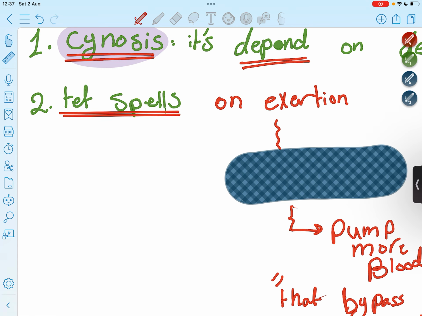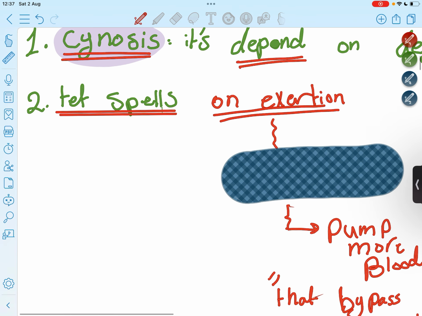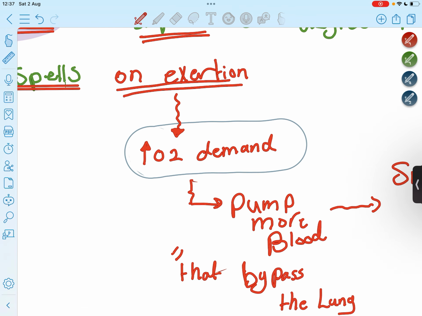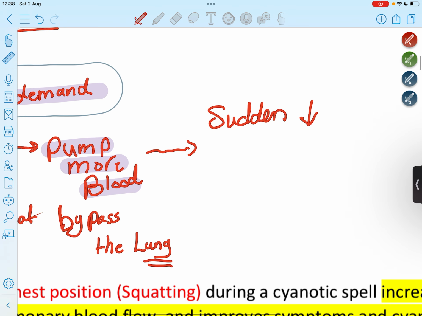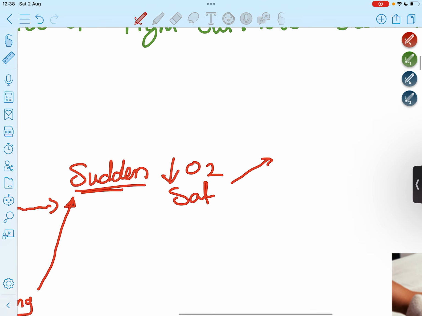On exertion there is an increase in oxygen demand, which means pumping more blood. So the blood will bypass the lung, and that makes a sudden decrease in O2 saturation and creates cyanosis.